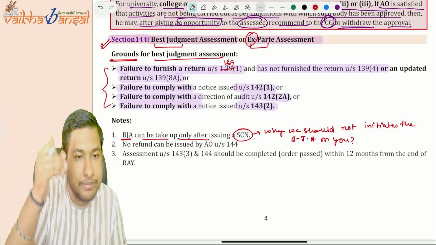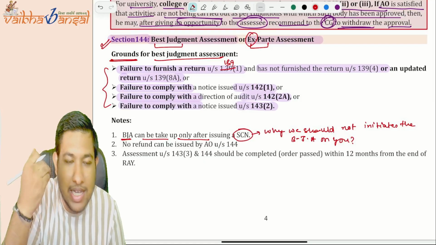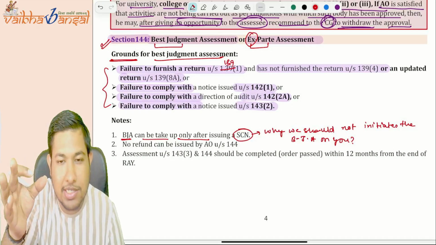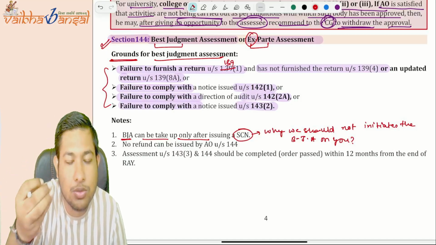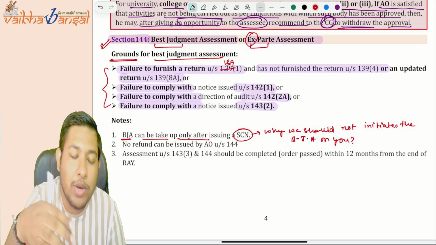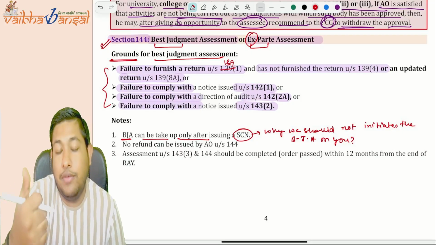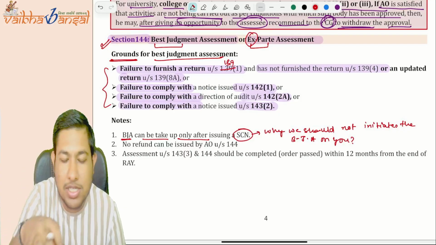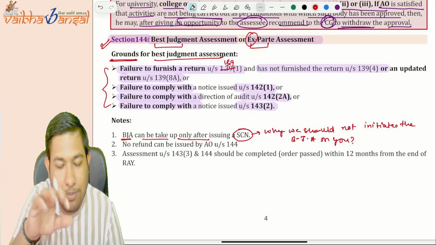The assessing officer will take the notice reply into consideration. If he finds it considerable and does not start the best judgment assessment, then it's okay. But if he finds the reply is not coming, or the reply is not satisfactory, then he can proceed with the best judgment assessment.